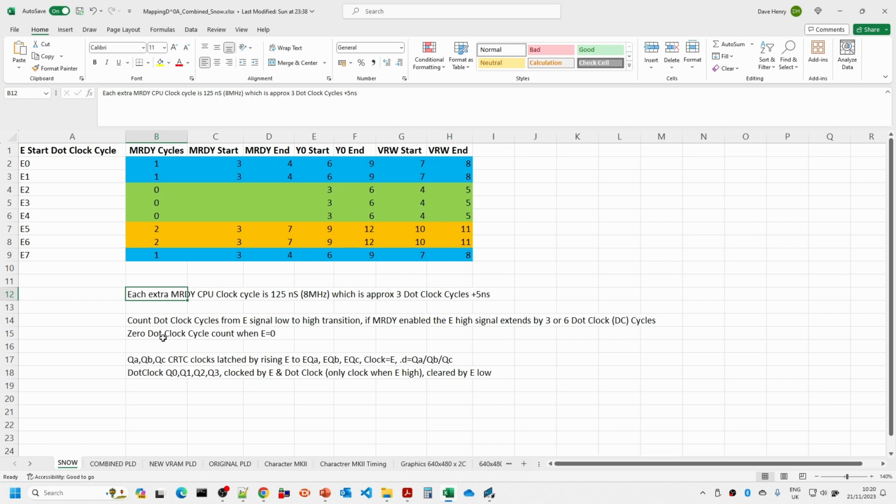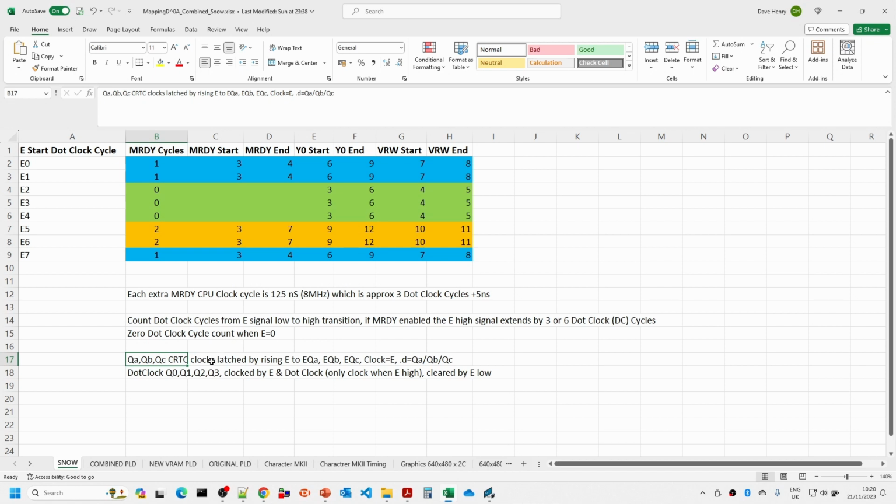We zero the dot clock cycle count when E goes back to 0. And then we're also going to take the QA, QB, QC CRTC clock signals. That's the 25 megahertz dot clock divided by 2, 4 and 8. QC is also the character clock which is used for the CRTC.